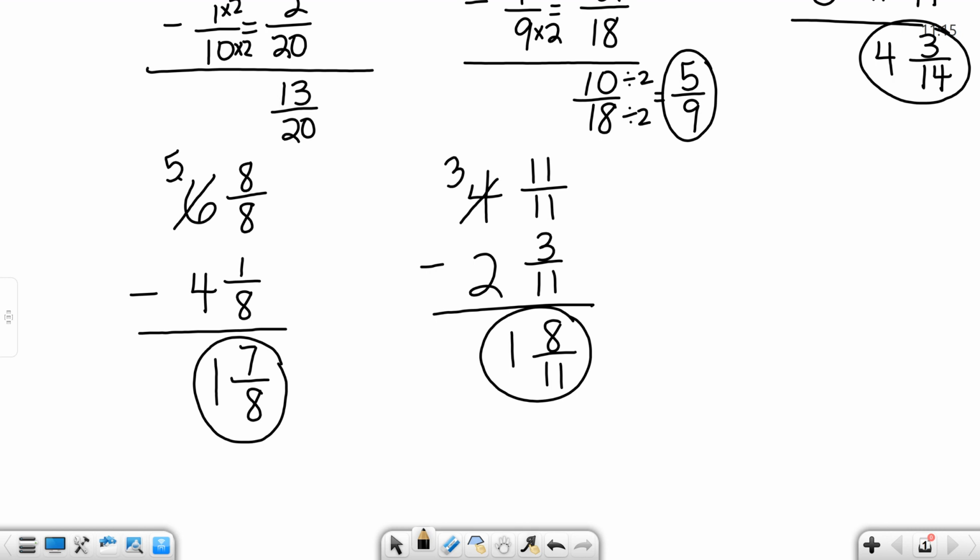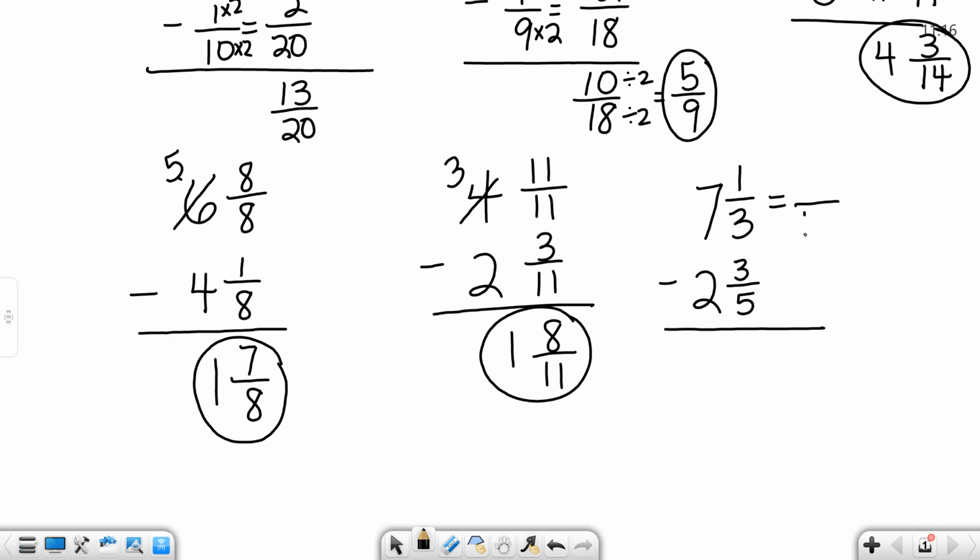Okay, now let's try this one. 7 1/3 minus 2 3/5. Common denominator is our first step. When we get our common denominator, 15 would be the easiest thing to use.